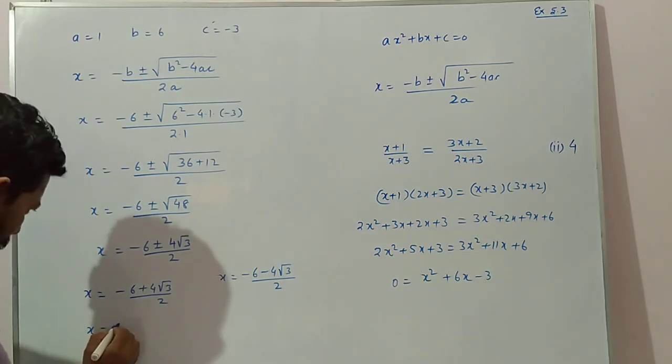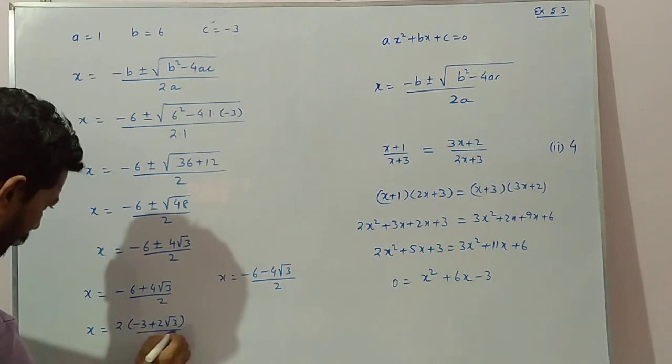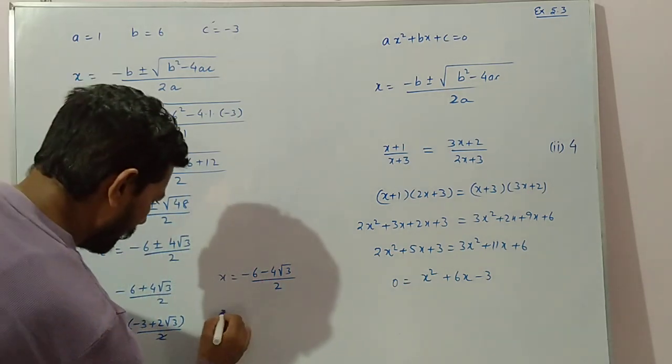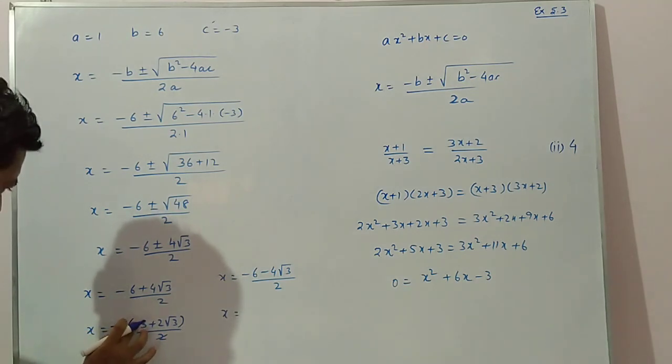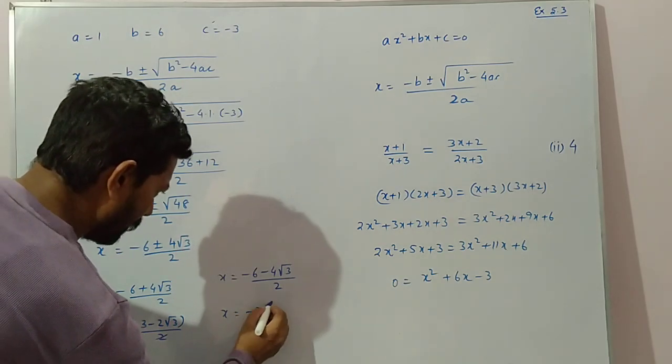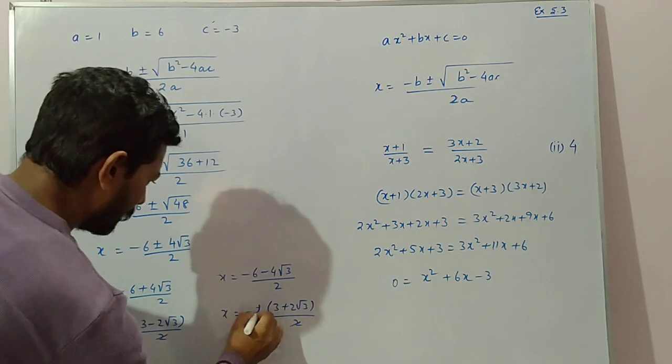From here we can take 2 common. This will be minus 3 plus 2 root 3 by 2. Here you take minus 2 common, it will be better. Minus 2 common, 3 plus 2 root 3 by 2.